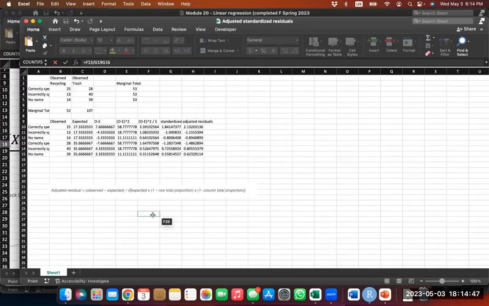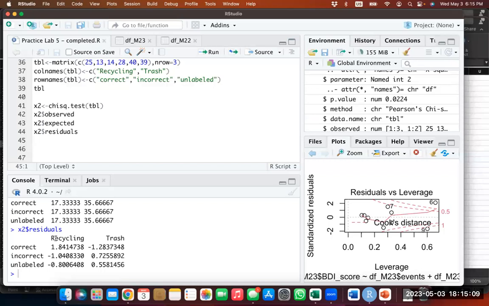Standardized residual is calculated as O minus E, so observed minus expected, divided by the square root of the expected. So you basically get an estimate of variability. You have adjusted residuals, the formula is stated down there. That basically allows you to calculate that adjusted for the number of rows and columns. Just quickly about that. So you get an estimate of these calculated residuals here with x2 dollar residuals.